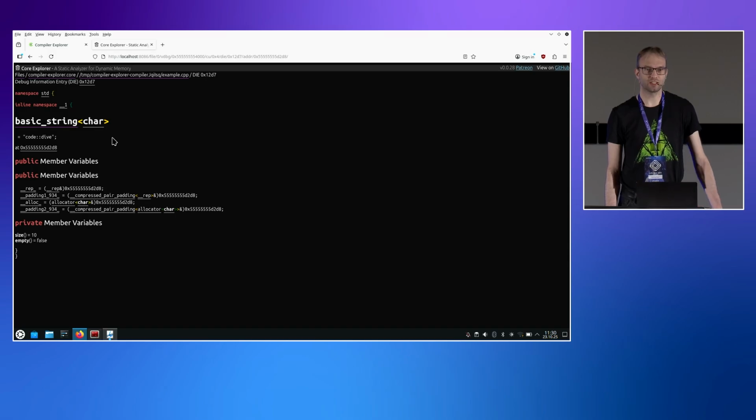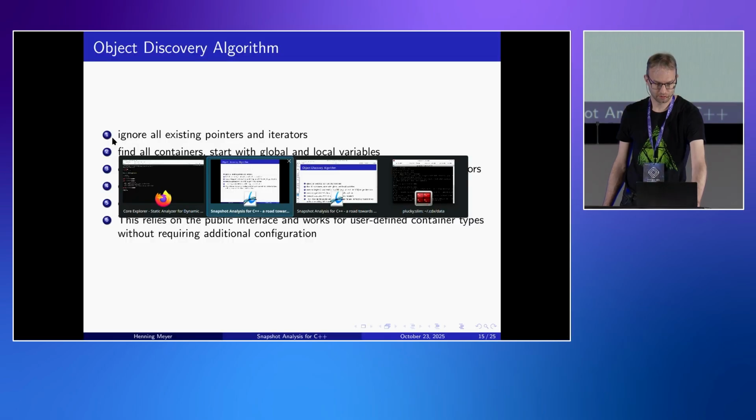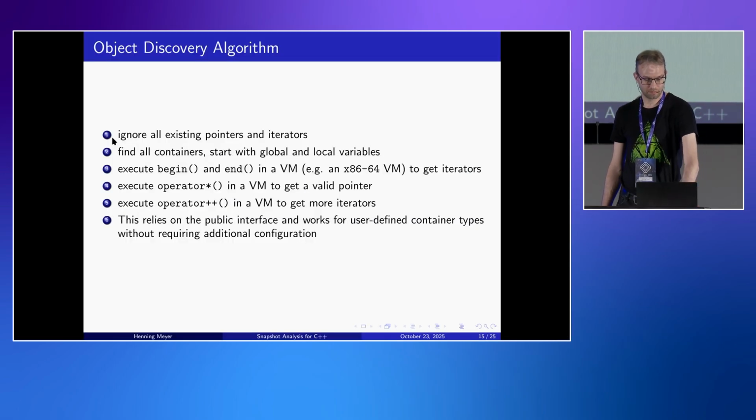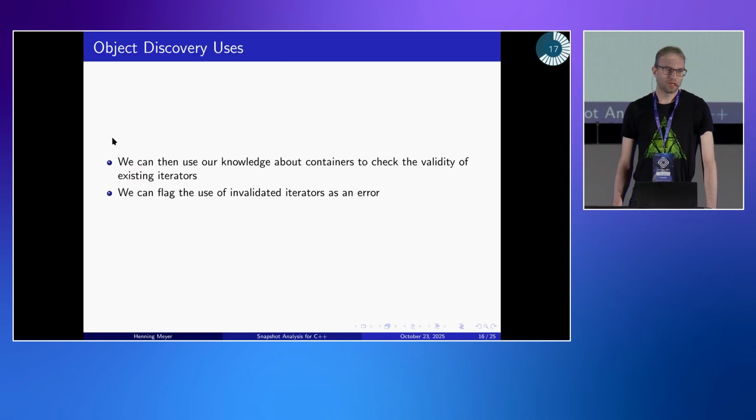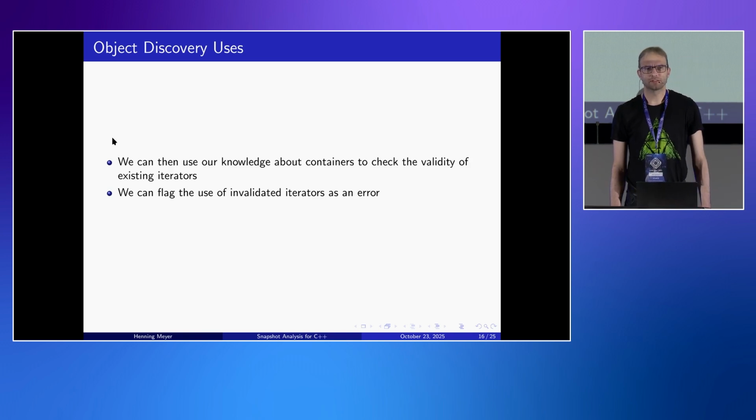So if you have a large code base with thousands of types, generating pretty printers on the fly is one use case. But finding all objects in a running program or in a code dump has a lot more uses, because we can use this information to look for problems and to look for problems proactively.